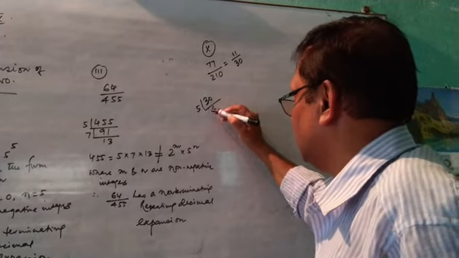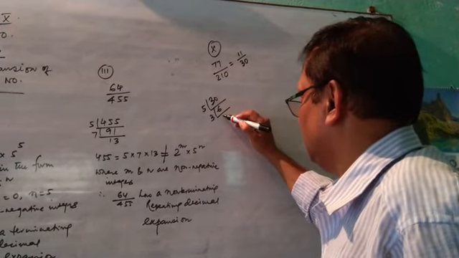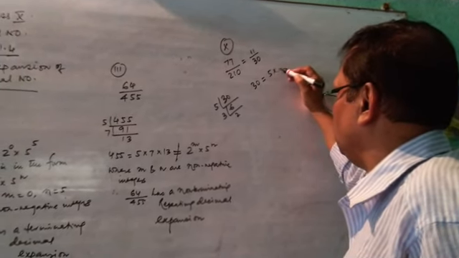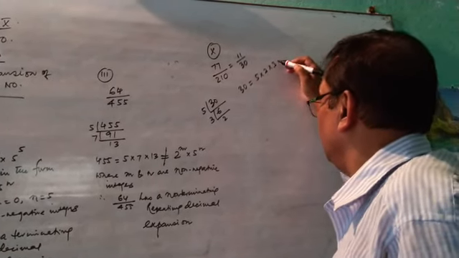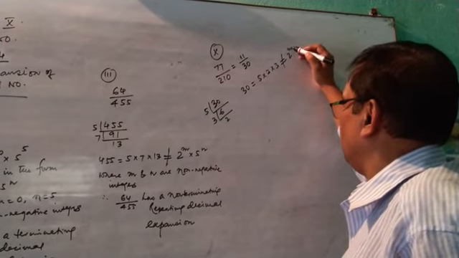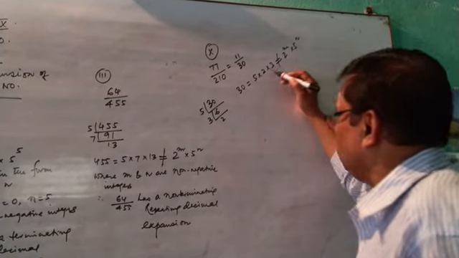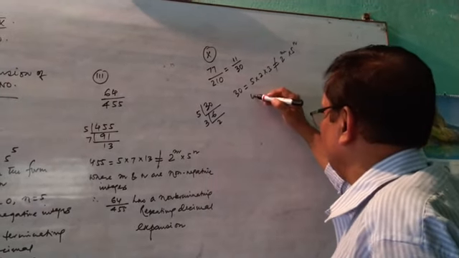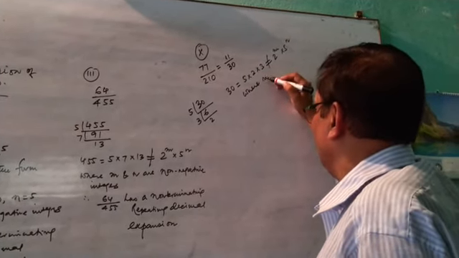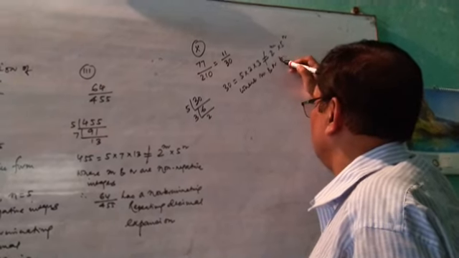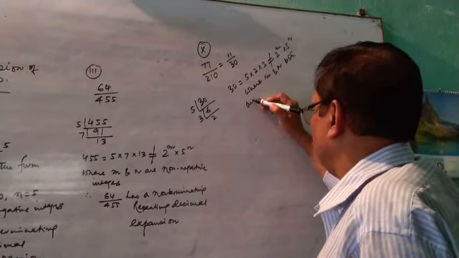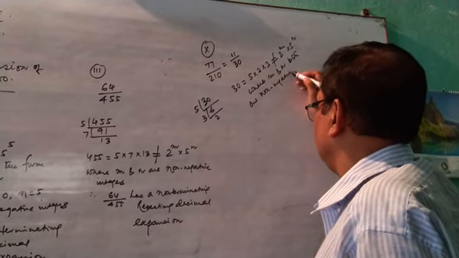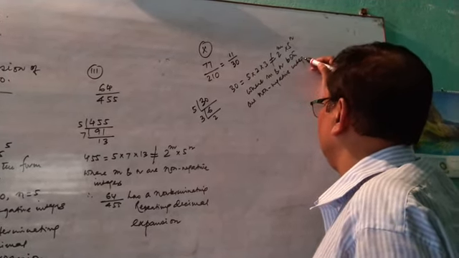So 30 again is 5 into 2 into 3, which is not equal to 2 to the power m into 5 to the power n, due to the existence of the third number 3. Where, don't forget to write this one, m and n both are non-negative integers.